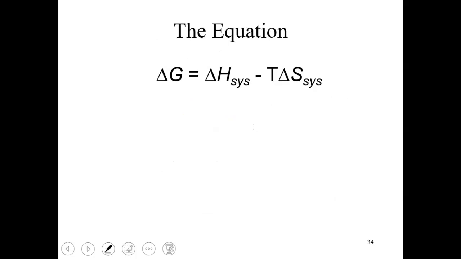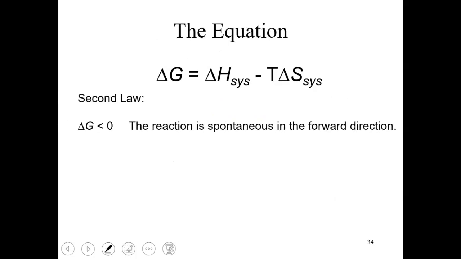And so, from the second law of thermodynamics, which told us that the entropy of the universe has to change, in a situation where there really is no way to mathematically measure the change in entropy of the surroundings, we now have an expression in terms of properties of our system. Delta H, which we can either measure or calculate by Hess's law. Delta S, which we can calculate from the standard entropies of reactants and products.